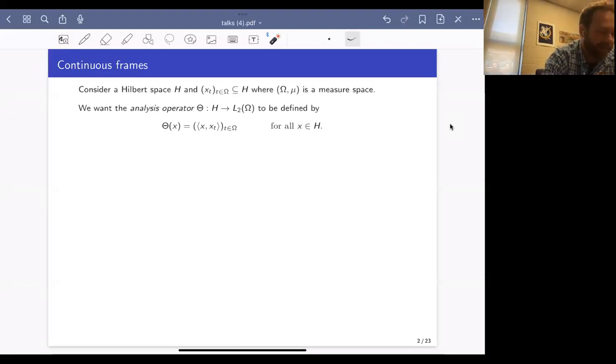And so I'm kind of defining the object after using it. And so the idea is I want an operator that takes my Hilbert space into capital L2, where theta x is going to be the function where its value at point t is just going to be the inner product with the frame vector x_t.